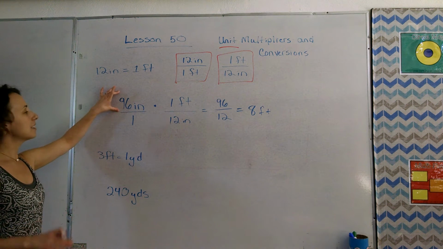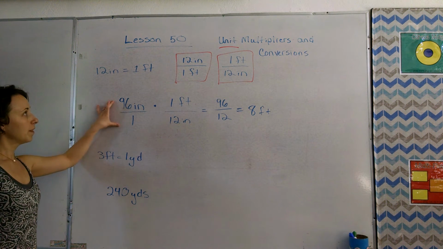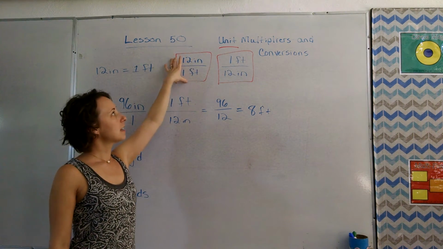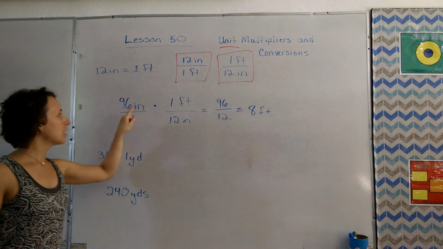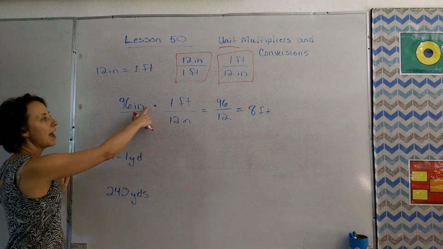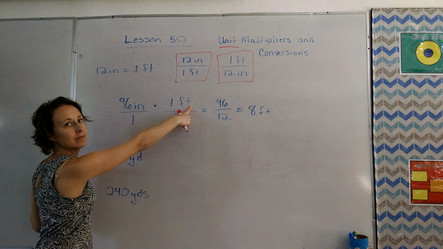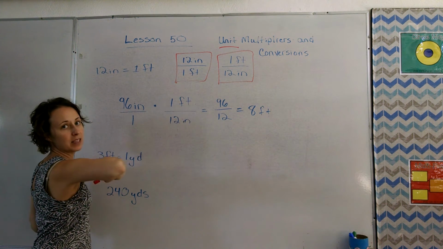So we start with our 96 inches. I'm going to put it over 1 so it looks like a fraction. And then I'm going to multiply times one of these conversions because I'm changing inches to feet. If I have inches, then I want to multiply times feet, so that in the end, I'm left with feet.